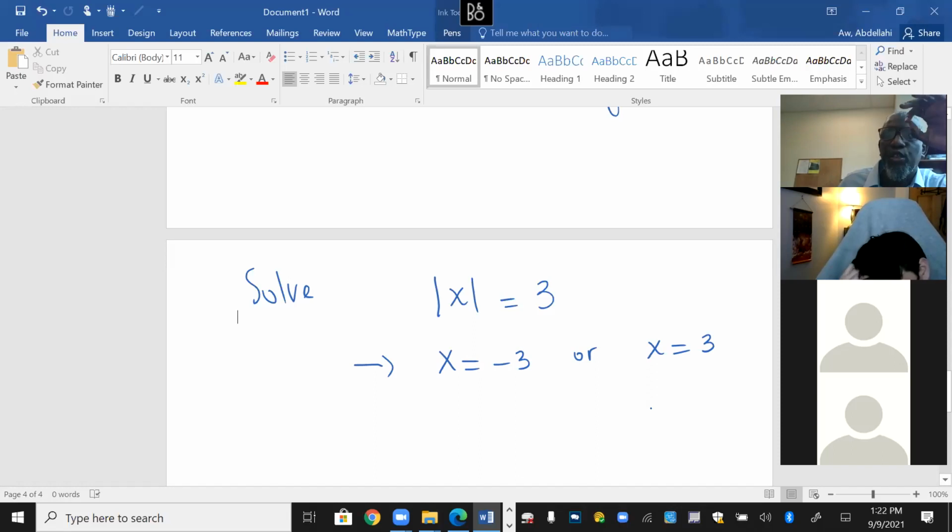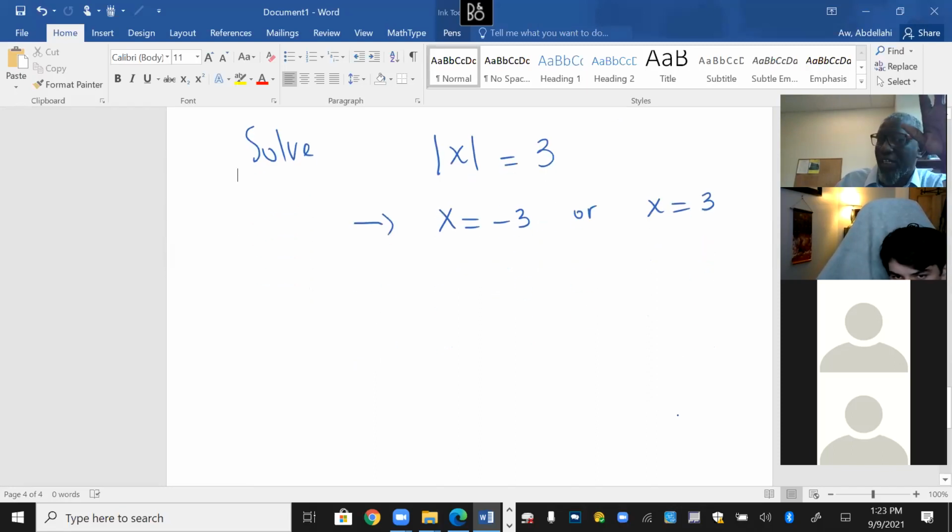Every time you have absolute value equal to a positive number, you have two solutions, right? Every time. So don't forget, if you just focus on one solution and you dismiss the other one, you haven't solved it. You didn't solve it, right?